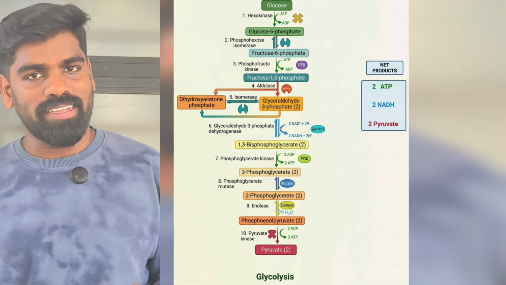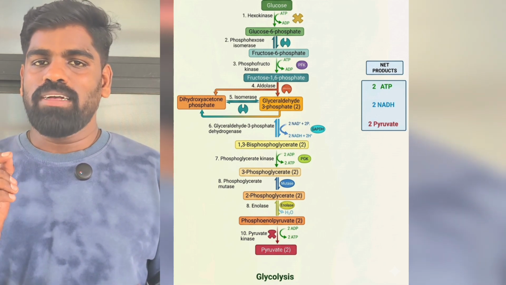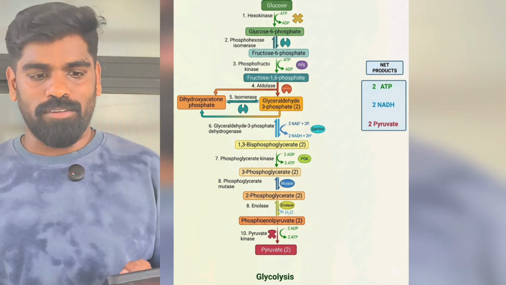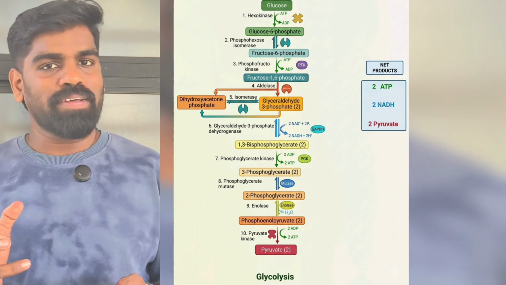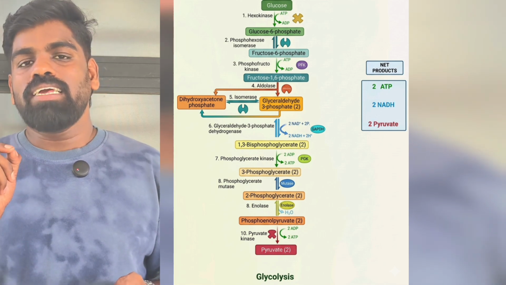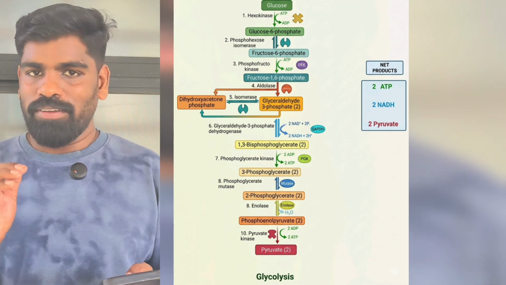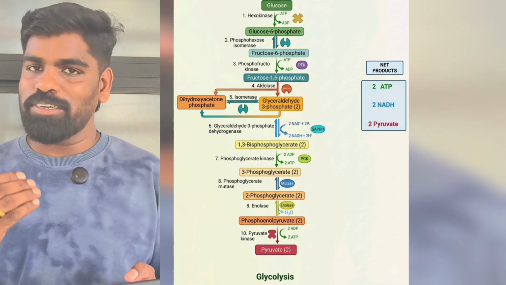Glyceraldehyde 3-phosphate can convert into dihydroxyacetone phosphate in the presence of isomerase enzyme, and vice versa.